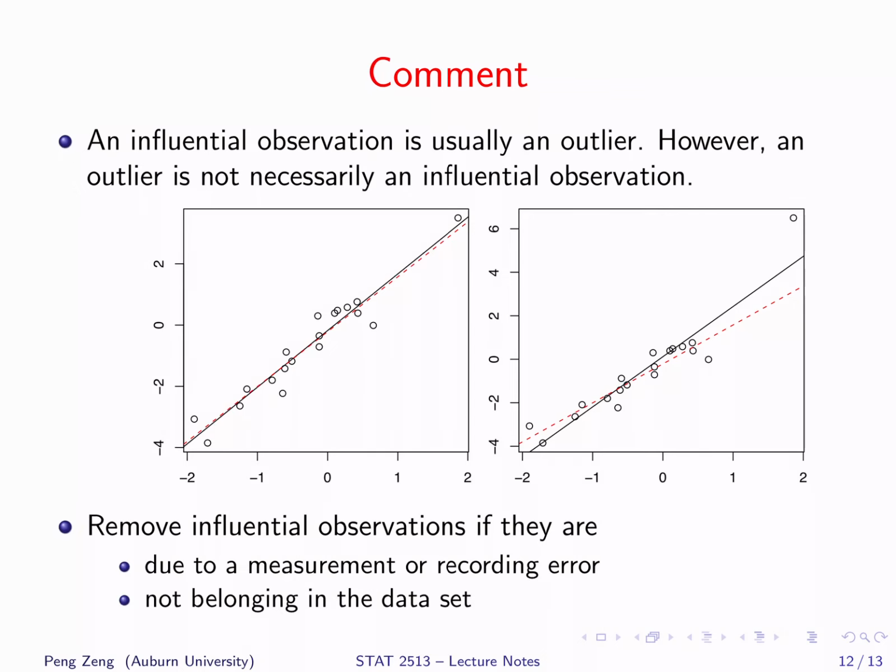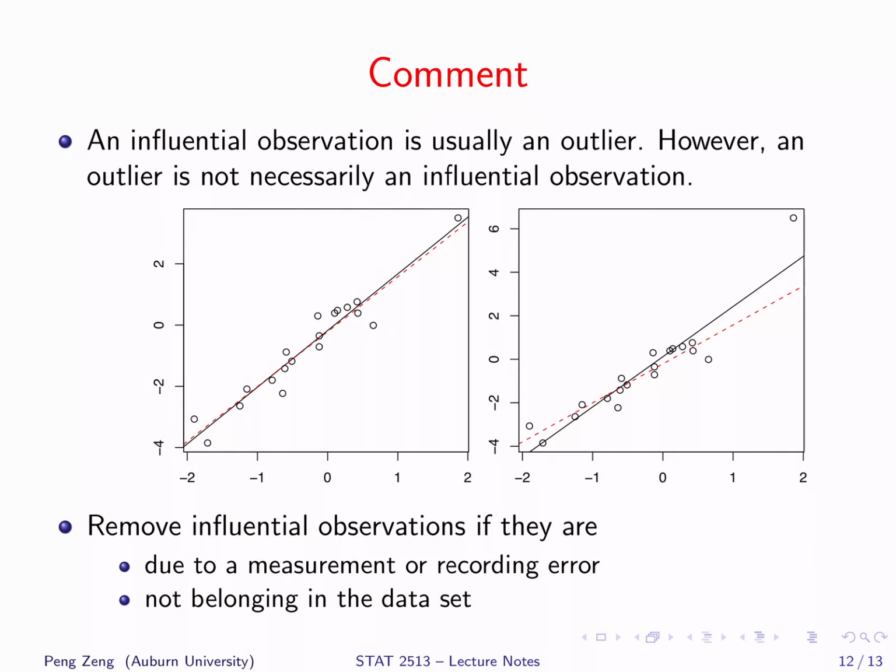These two graphs illustrate this claim. In each plot, the point on the far right is an outlier. We draw two regression equations, one from all observations and one from the observations with the outlier removed. In the first plot, the two lines are similar.